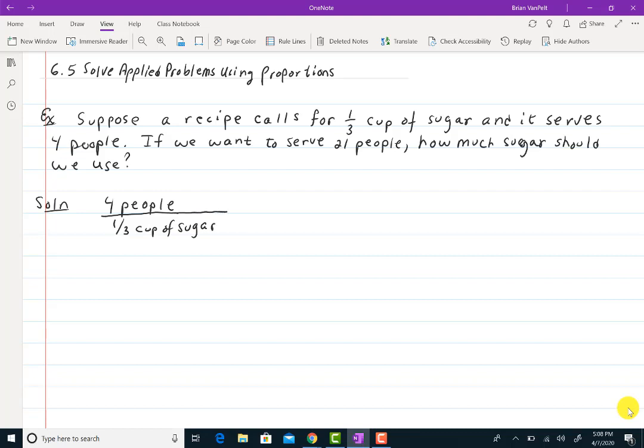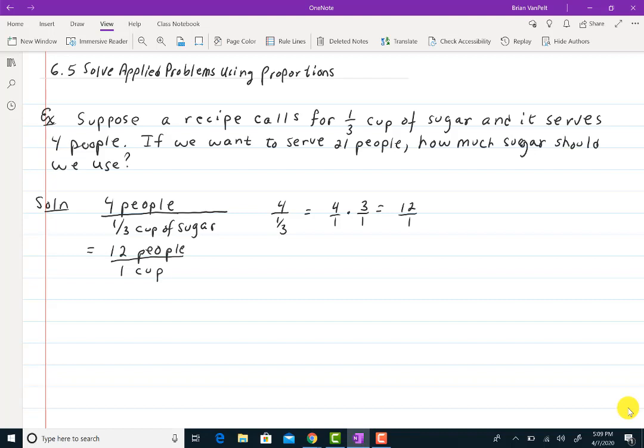So if I can simplify this in the following way, I can do 4 divided by 1/3, which is the same as 4 over 1 times 3 over 1, which equals 12 over 1. So what this has is 12 people per 1 cup. This is the unit rate. 12 people it takes for 1 cup of sugar.